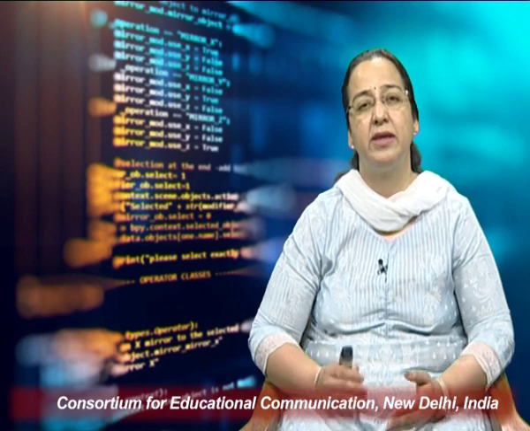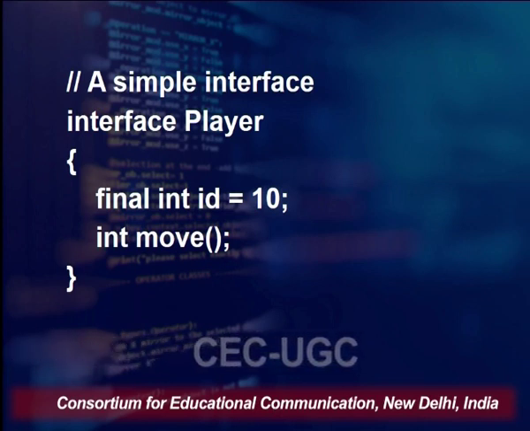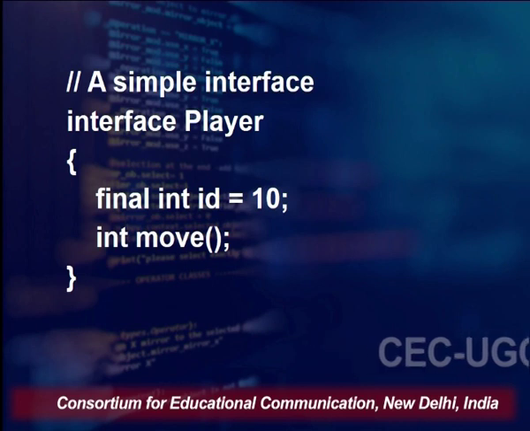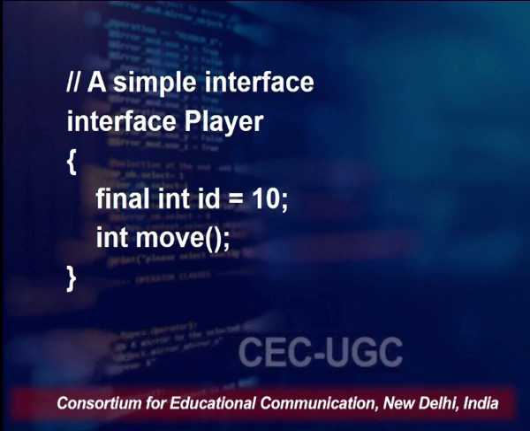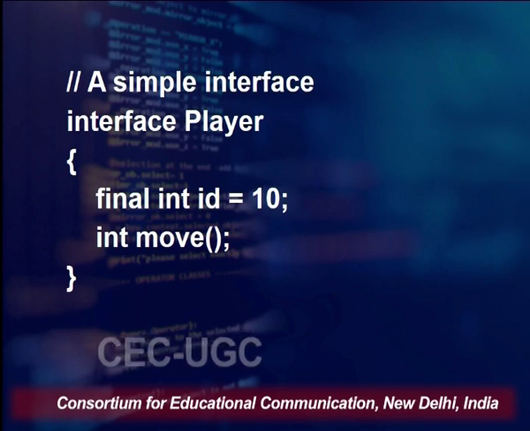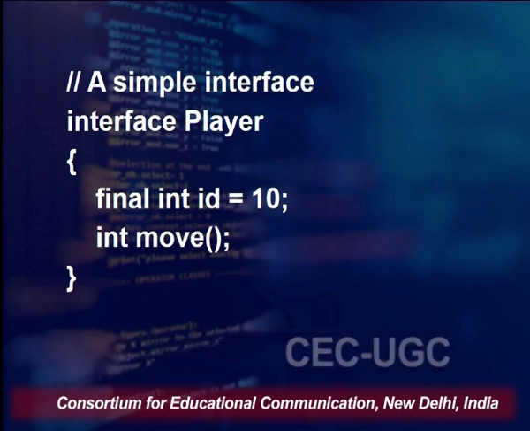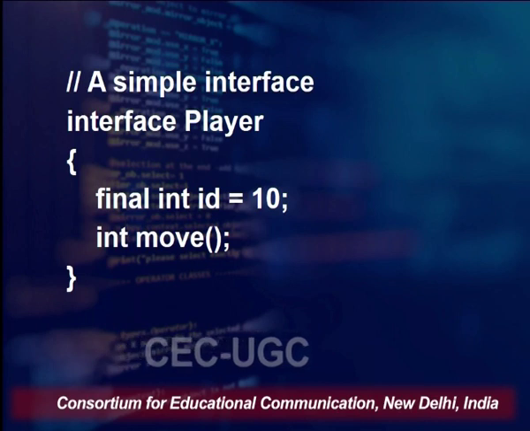Now, let us take a simple interface as the example. Here is a simple interface named player, and two of the members: one is an integer field, ID, and the value is 10, and please notice the keyword final here. So, final int ID equals 10, and as the variable ID is final, the value cannot be changed.